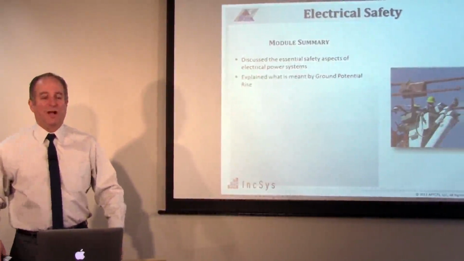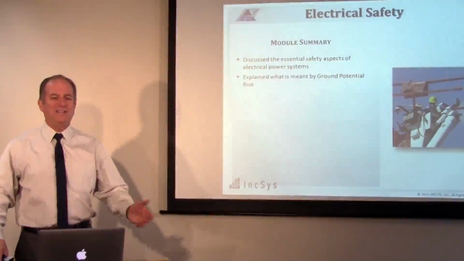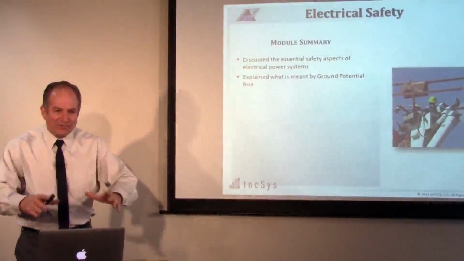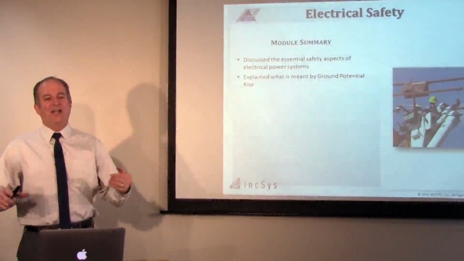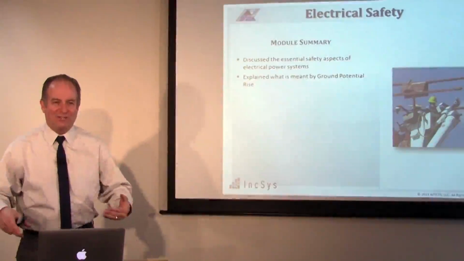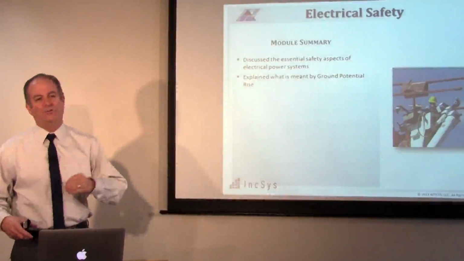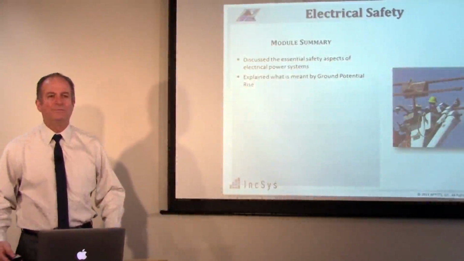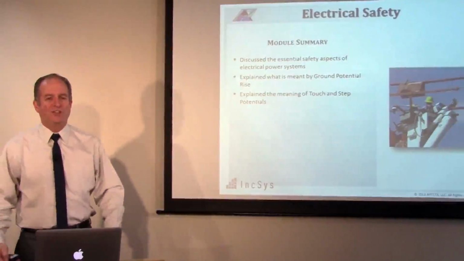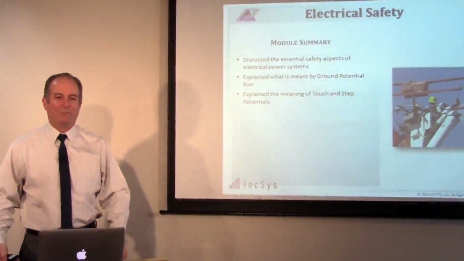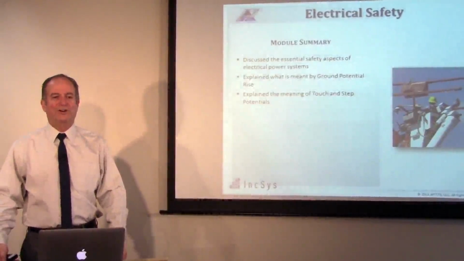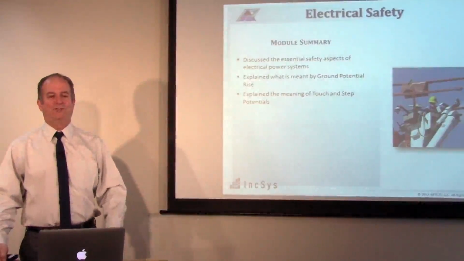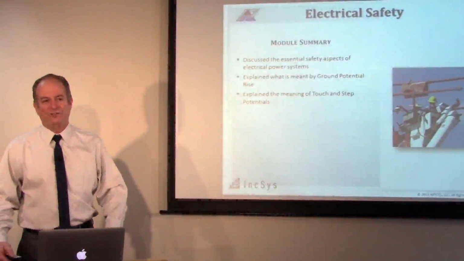So that's working with PPE and insulated equipment. We talked about ground potential rise. When there's a fault or a lightning strike, it causes energy to go into the earth, and that current going into the earth times the resistance of the earth, current times resistance, is a voltage, and that voltage creates a ground potential rise. We talked about touch and step potentials that occur because of a ground potential rise, and where they occur: equal potential and step potential when walking away from an energized structure.